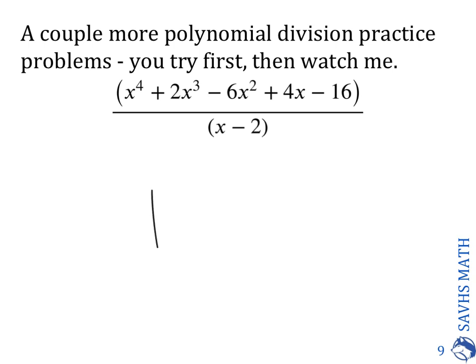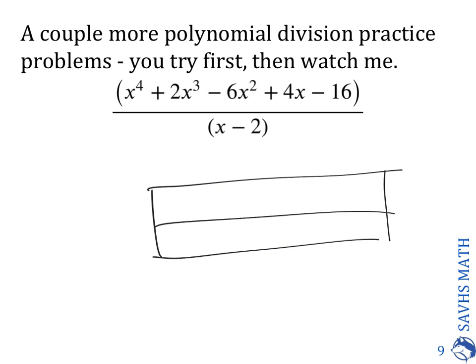Okay, I'm going to put my x to the fourth here. I'm dividing by x minus 2. I need to put an x cubed up here so that x cubed times x gives you x to the fourth. So that means that I have to put negative 2x cubed here, but I don't want negative 2x cubed.